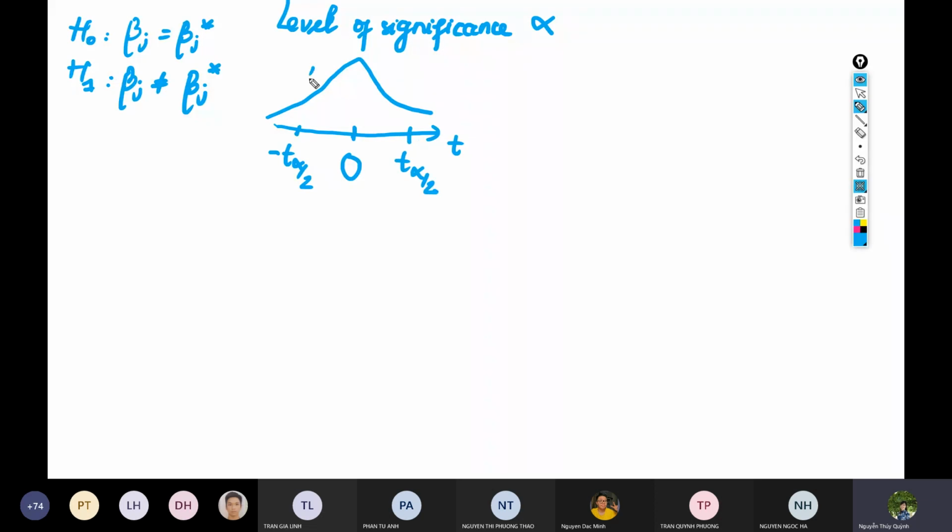Alpha is the area outside the critical values, so the sum of these two areas is alpha: the area to the left of minus t alpha divided by 2, and to the right of t alpha divided by 2. This is the level of significance.